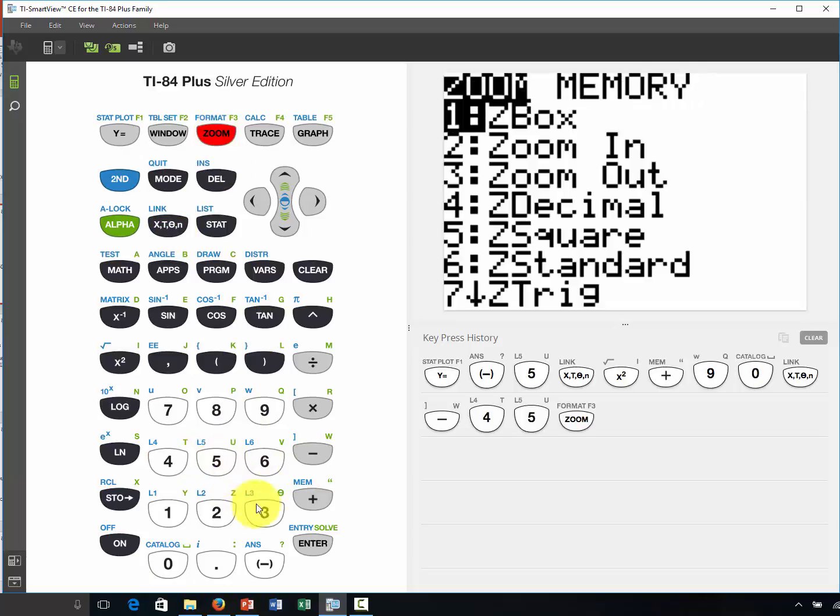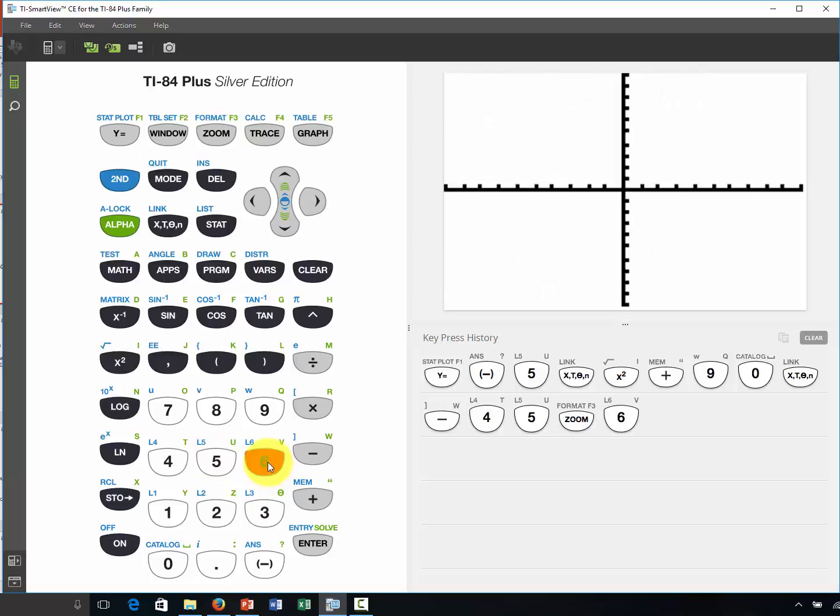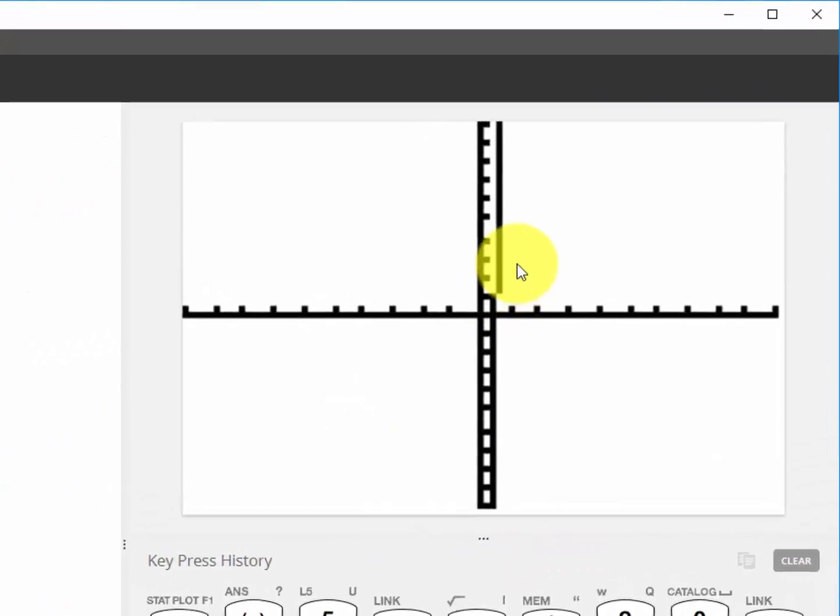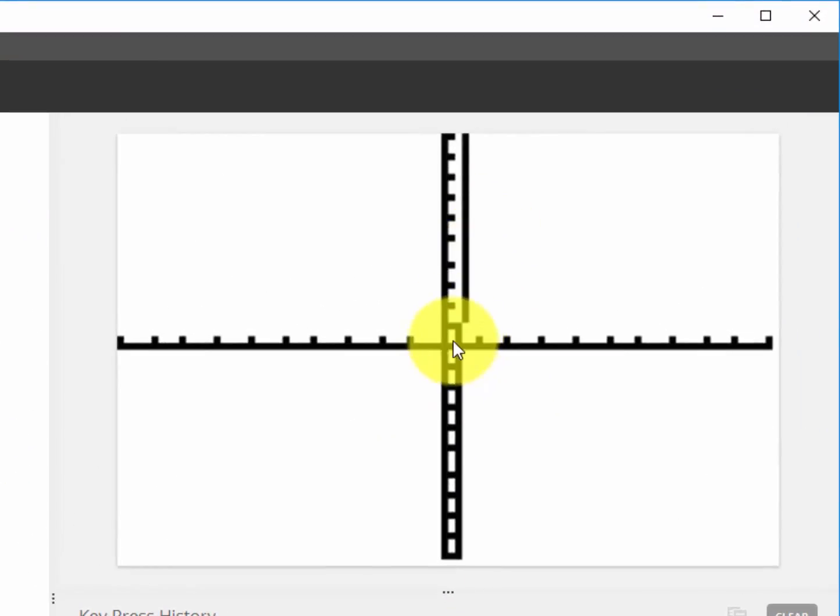We go to zoom, then 6, and this is what the graph looks like. It almost looks linear. We do see one x-intercept here. It's either at 1 or something close to 1, but we don't see our second x-intercept.